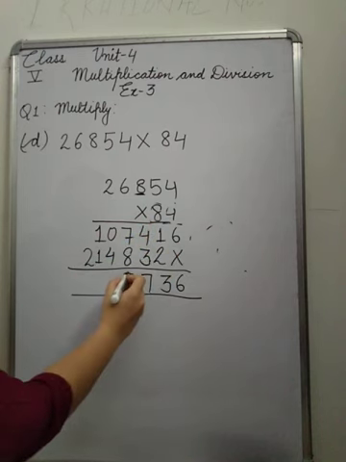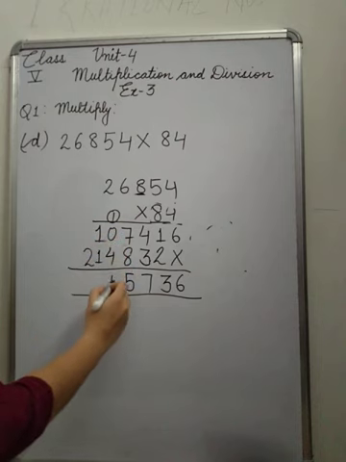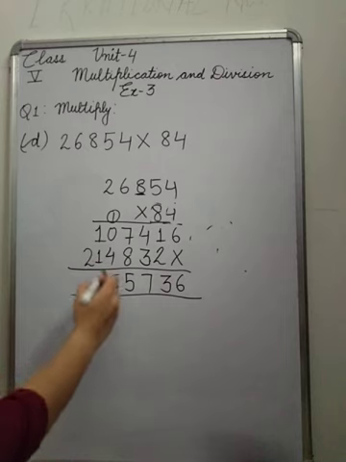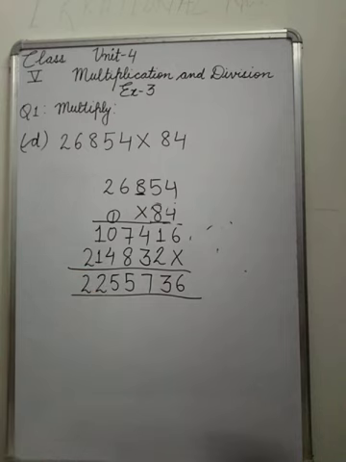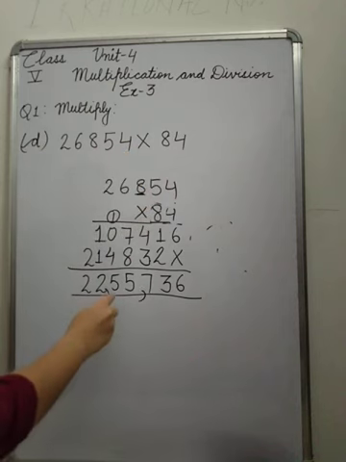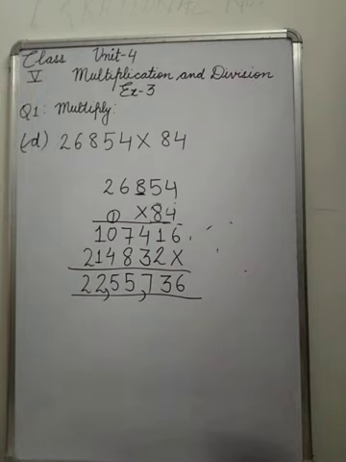So write it here 5, carry 1. 4 plus 1 is 5, 1 plus 1 is 2. So the answer of this multiplication is 22,55,736.